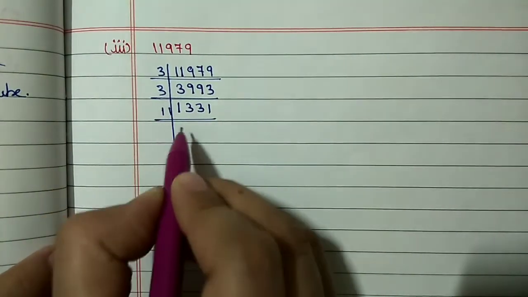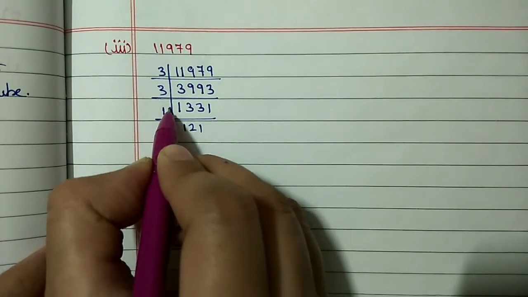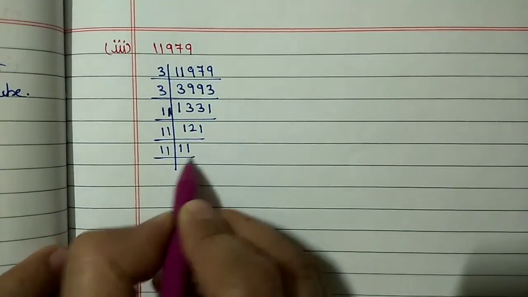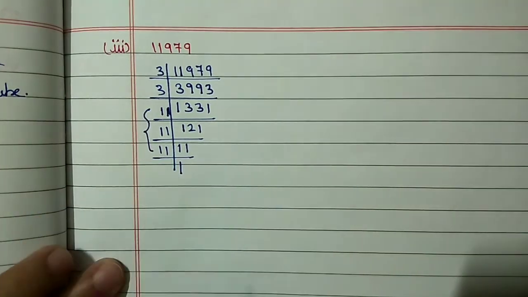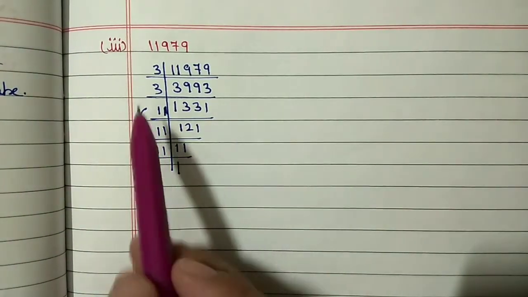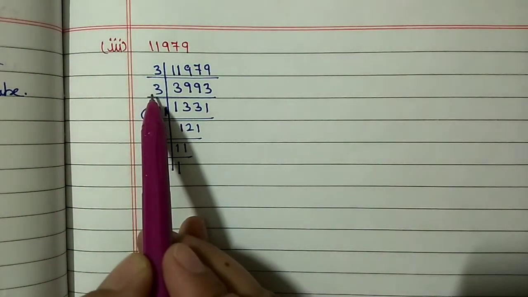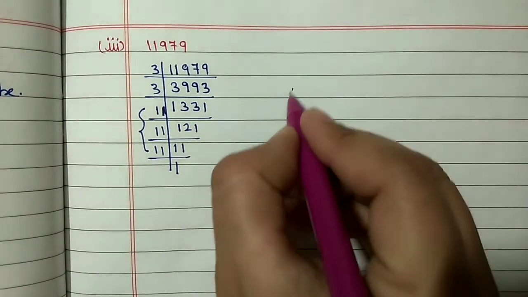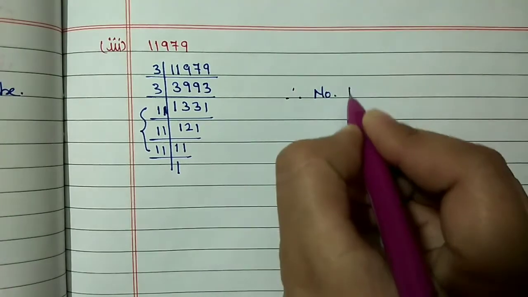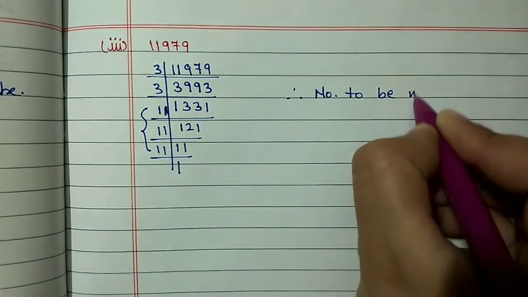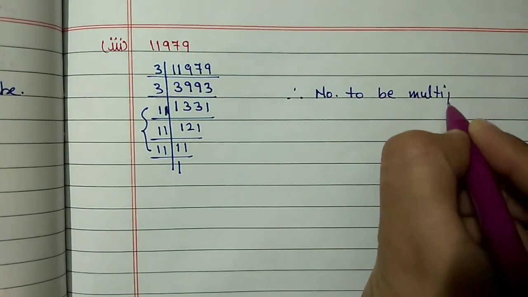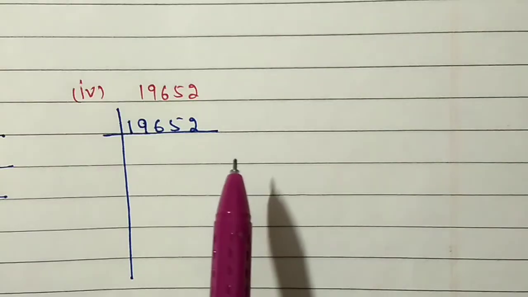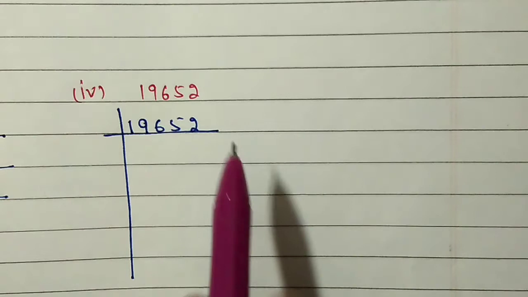Then it will go with 11: 11 121 times, then 11 11 times and 11 1 time. So these three 11s are in triplet form, but here we have only 2 3s. So to make it a perfect cube we need one more 3. Therefore the number to be multiplied is 3.